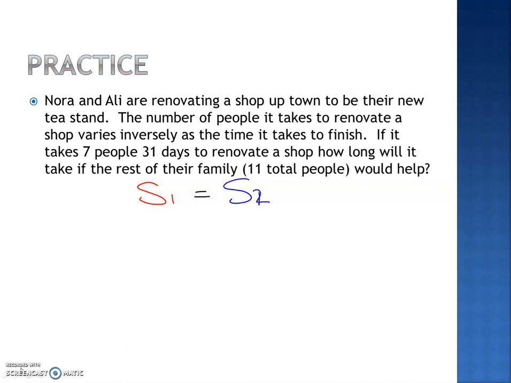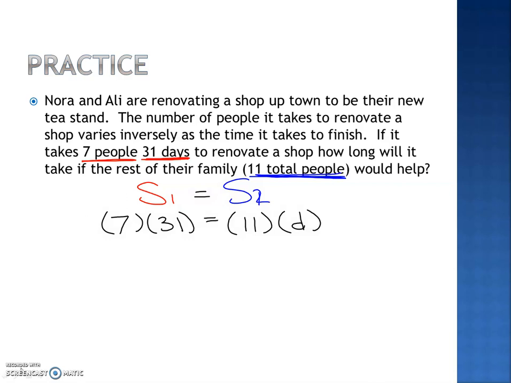Okay, because it's inversely proportional. So situation 1 was 7 people, and it took them 31 days. Situation 2 is, hey, what if 11 people helped? How many days would it take?